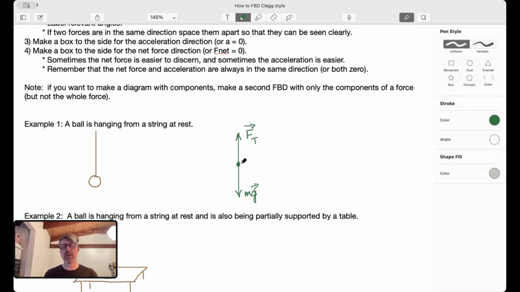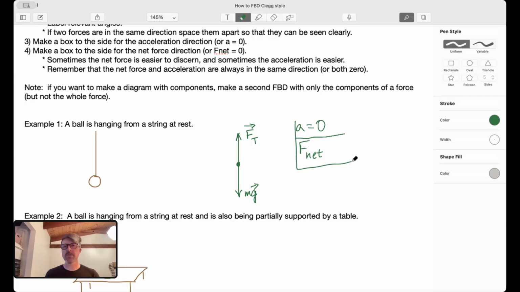And I like to use a pencil when I make a free body diagram because I don't know about the sizes of these force vectors yet. So I might need to erase and make something longer or shorter. And so in order to figure that out, I'm going to make my a and F net boxes over on the side. Now this is just hanging out. So it's not accelerating because it's at rest and it's remaining at rest. So it's got a 0 acceleration.